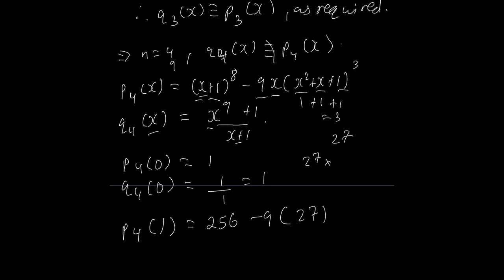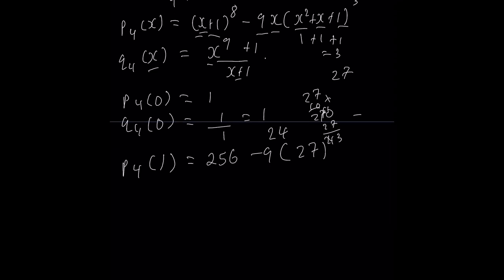Well, 27 times 10 is 270. We need to take 27 away, so that gives us 243. So 256 minus 243 is 13. So we need this to be equivalent to 13 to show it does hold, but let's just see.